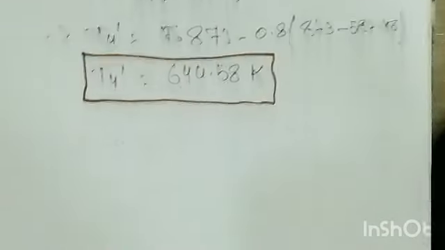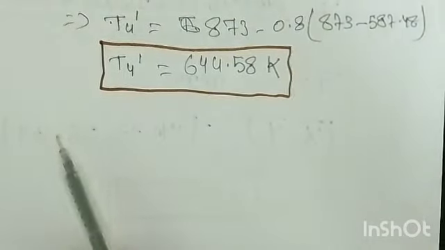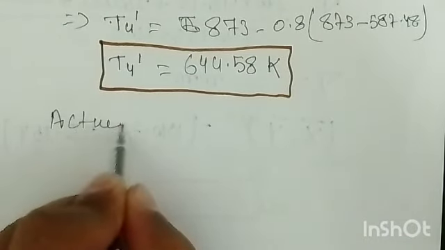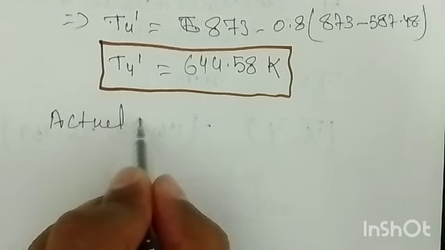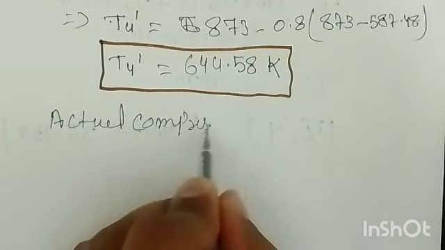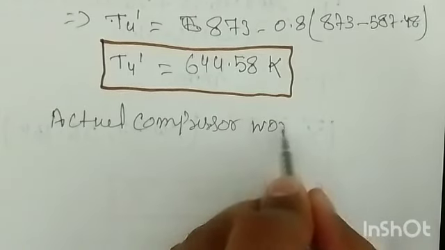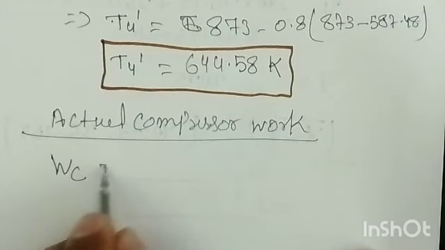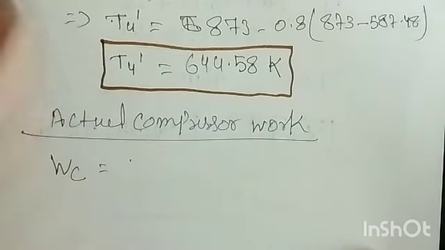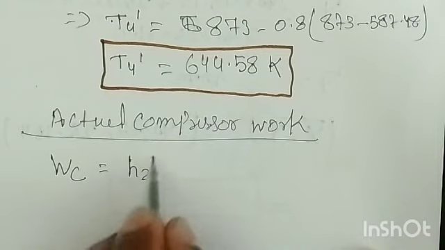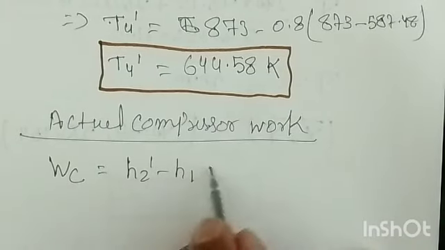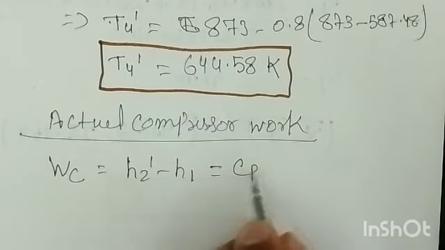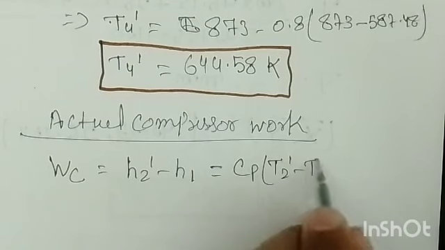Now we will find the actual turbine work and actual compressor work. First, the actual compressor work. WC is equal to H2 dash minus H1, the change in enthalpy. Enthalpy value is not given, but enthalpy is Cp dT, so Cp into (T2 dash minus T1).